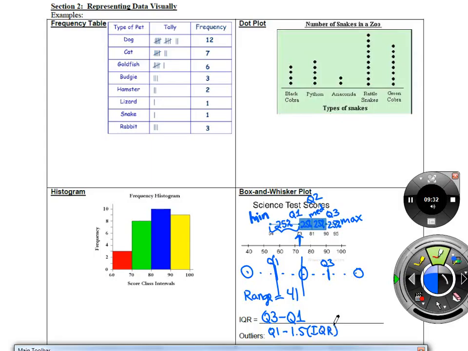So basically I'm saying this much, 1.5 times of that, 1.5 times of that, okay? If you're further than that far away from the first quartile, maybe you're an outlier, okay? So if something is smaller than this, it would be an outlier, okay?